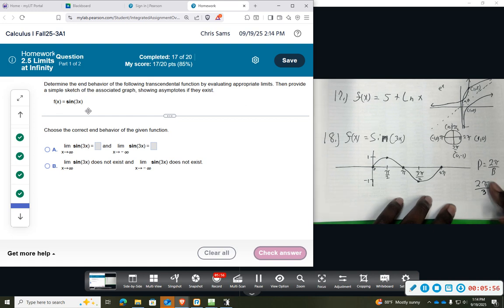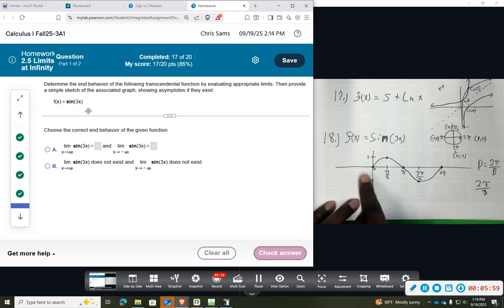And then usually what we do is we will take this period and divide it into 4 chunks. So if you divide that by 4, that will be the same as multiplying the denominator by 4, and that'll give you 2 pi over 12, which is just pi over 6.